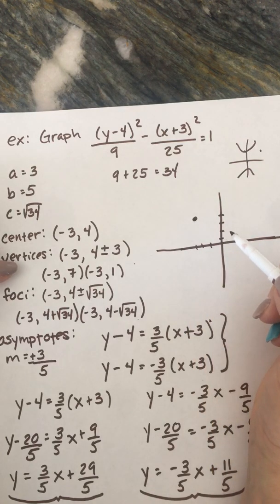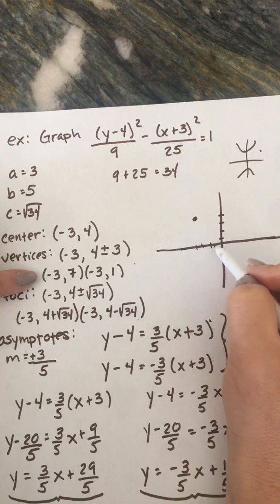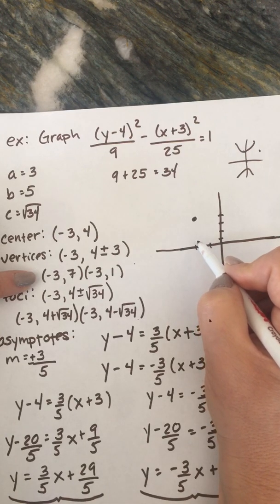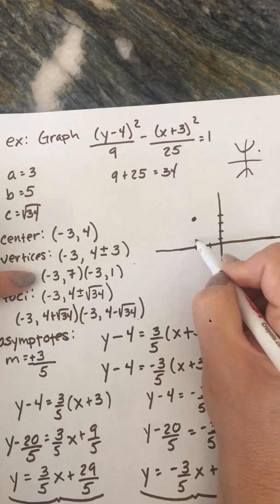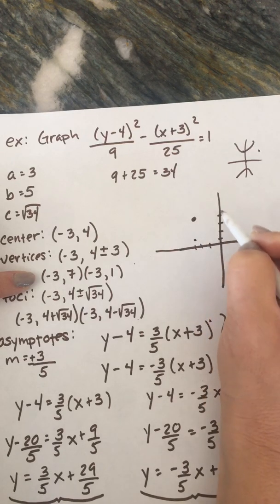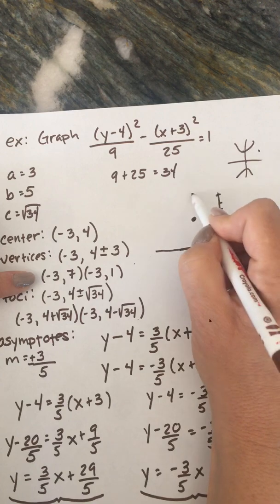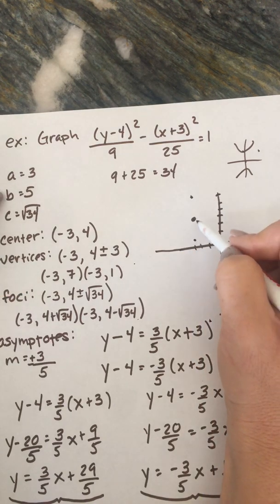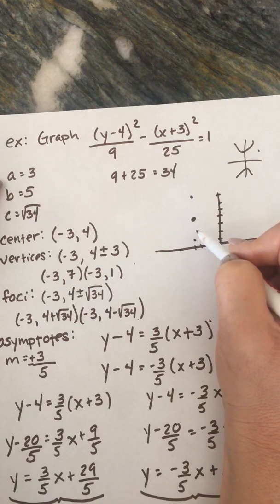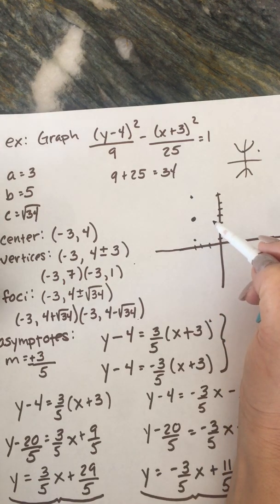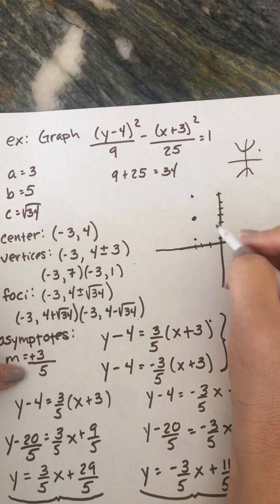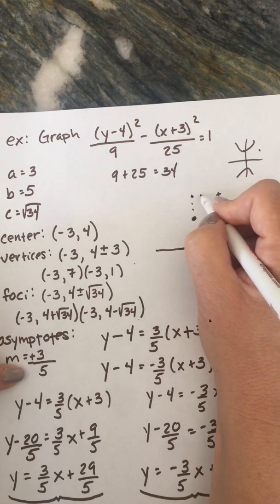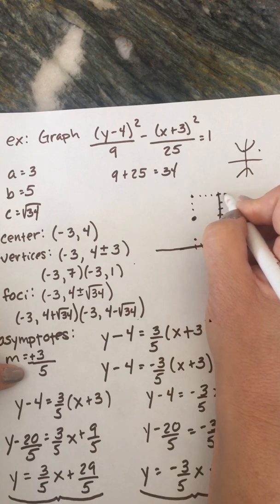And let's see, vertices are at (-3, 1) and (-3, 7). All right, and then where's our slope? There it is, 3/5. So if I'm at the center, I rise 3, run 5.